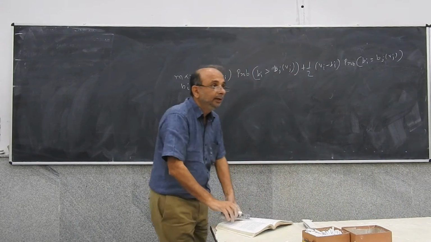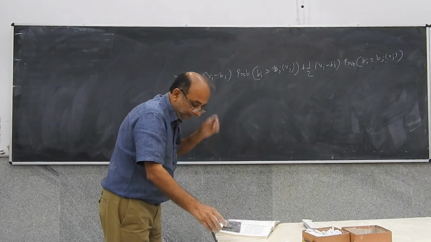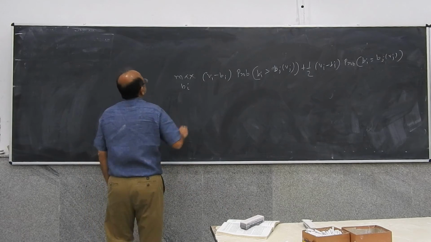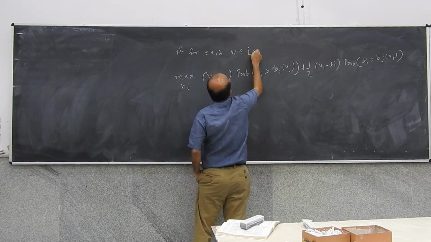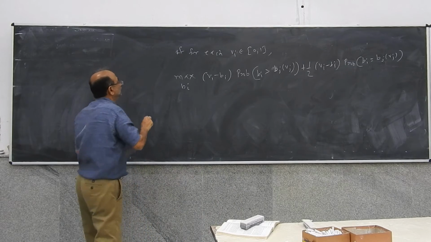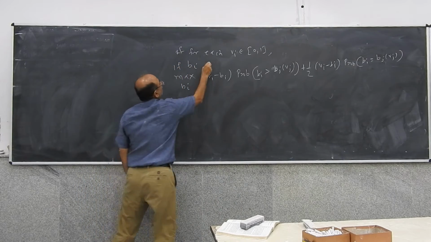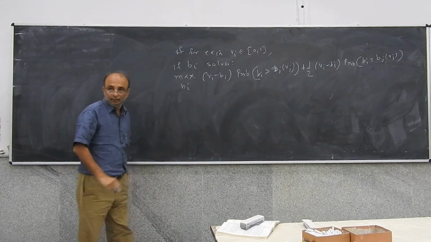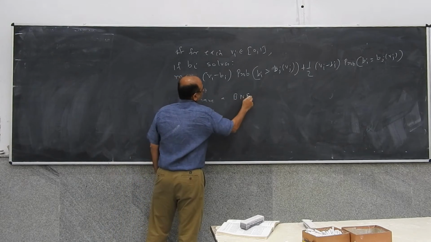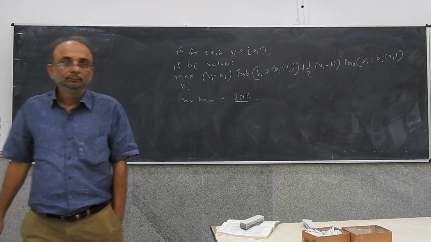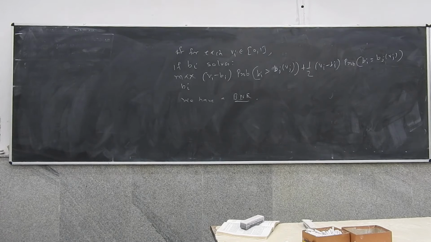So we have a Nash equilibrium, okay, if for each Vi, okay, we have a Bayesian-Nash equilibrium.